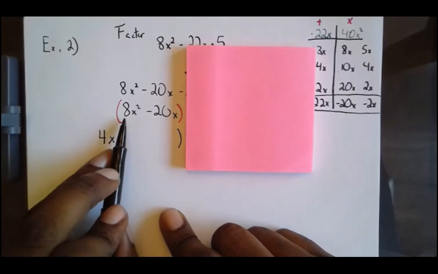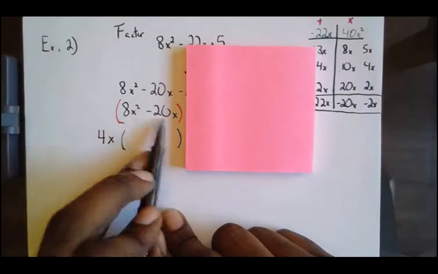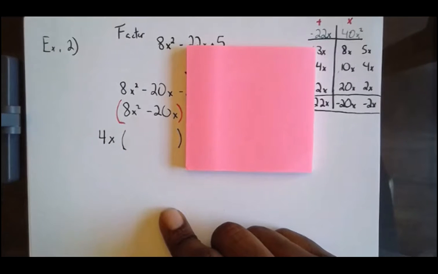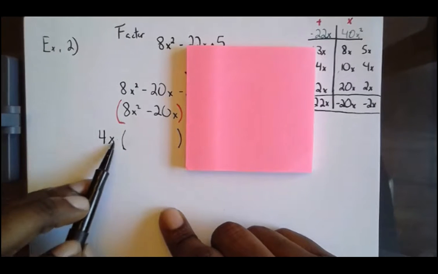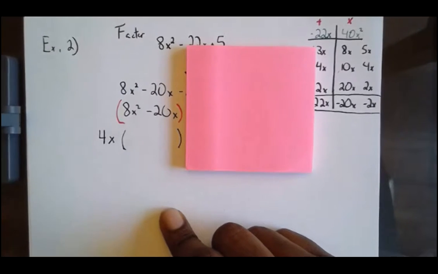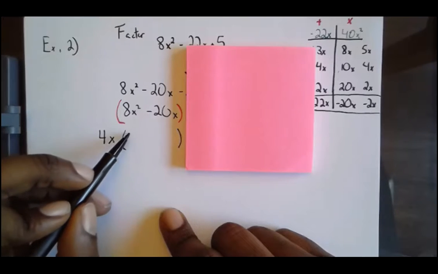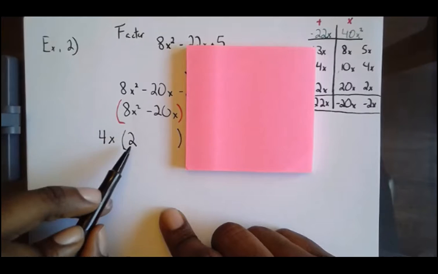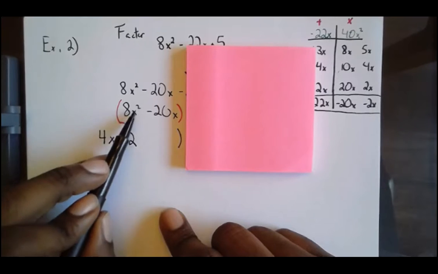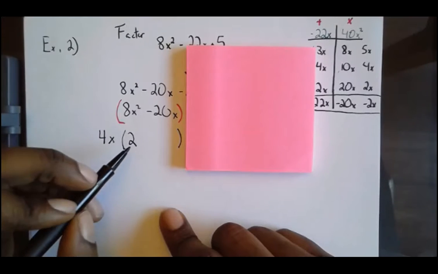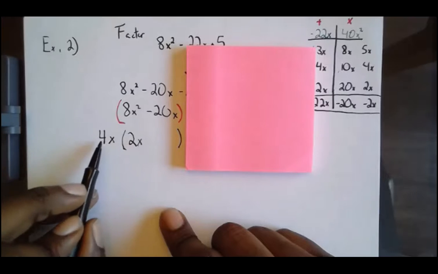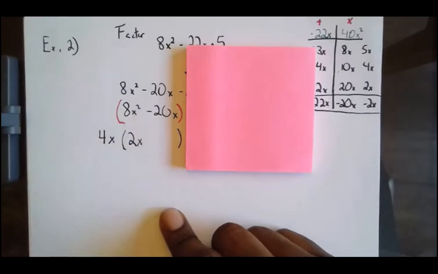But the first number is positive, the second number is negative, and then you have to have your x's together. So 4x times what is 8x squared? It's not just 2, because 4x times 2 would only be 8x, right? And then 4x times what is 20x?